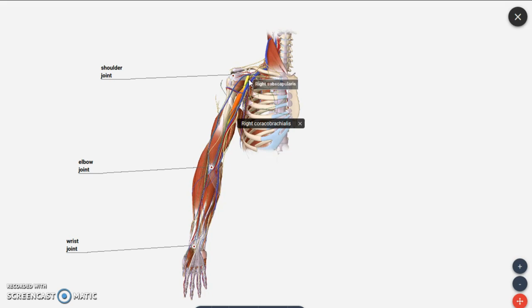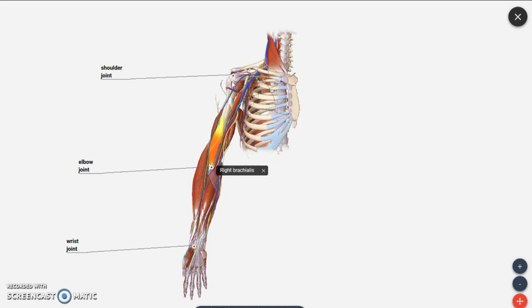Now you have another process called the coracoid process, and from it we have the attachment of this muscle. So coracobrachialis is the third muscle seen in the anterior compartment of the arm. So in the anterior compartment of the arm, we are dealing with three muscles: biceps brachii, coracobrachialis and brachialis.